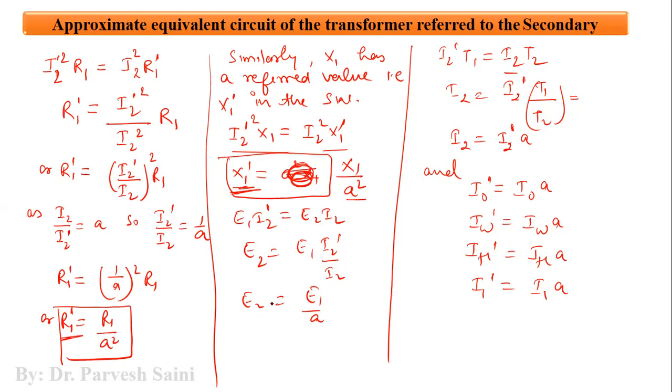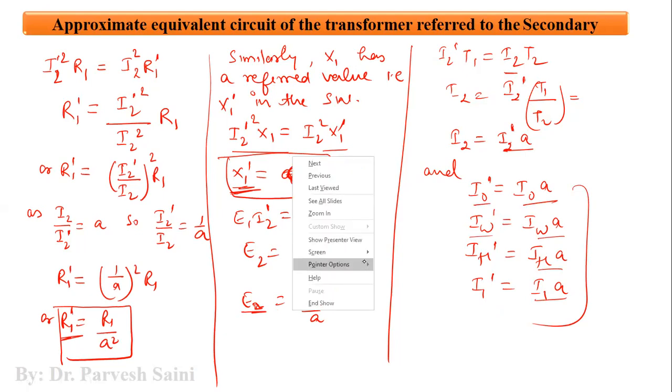The induced EMF of the secondary winding will always be the primary induced EMF divided by the transformation ratio. The current in the primary winding when reflecting in the secondary will be multiplied by the transformation ratio. All the currents will be multiplied by the transformation ratio.